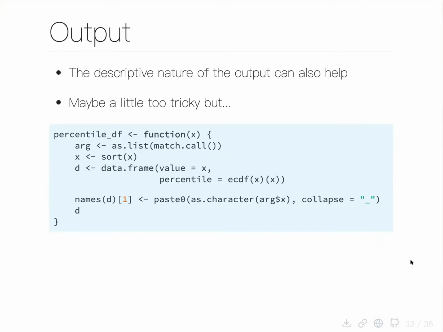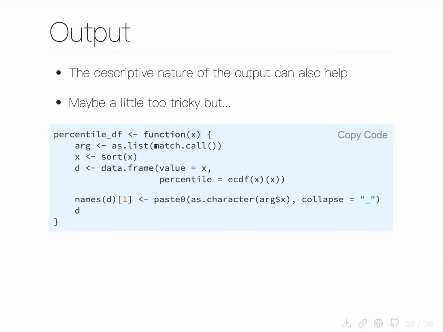Okay, and then we could actually make this even better by changing the output a bit so that it returns what x is called. So this is a little bit tricky, and again, this is not something that I would necessarily expect you to do, but it is a nice way to handle things.